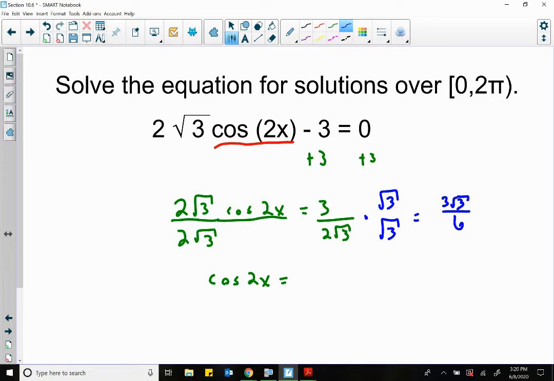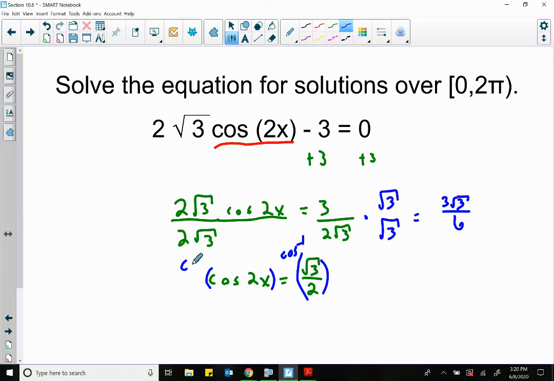So what you get is square root of 3 over 2. So we want the 2x by itself. We got to get rid of that cosine. So how do I get rid of cosine? Do your cosine inverse.